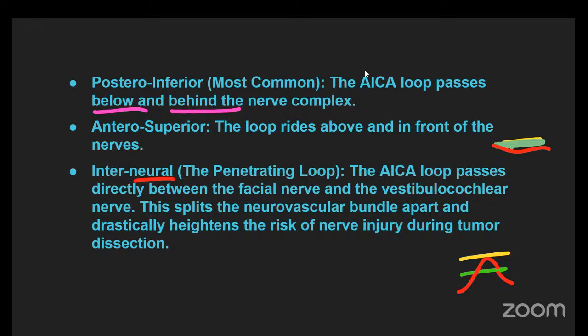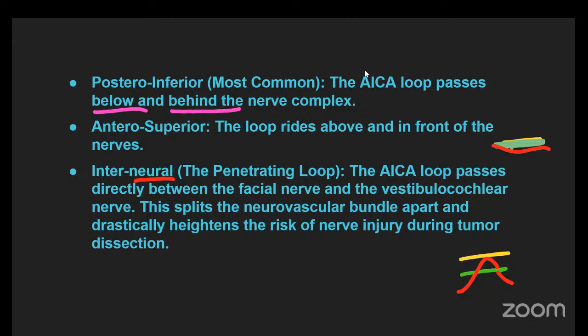Is that clear? Yes. Now your vessel, a vessel that you cannot sacrifice in any case, is traveling between two of the nerves, one of which is carrying the tumor. This puts the artery at very high risk of injury, even if you are trying to preserve it and play as safe as you can.